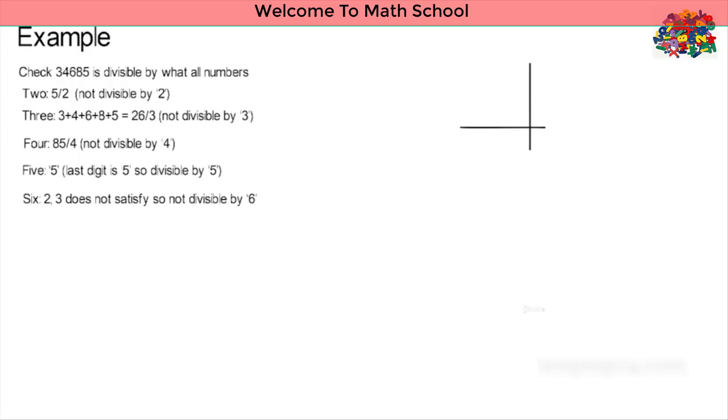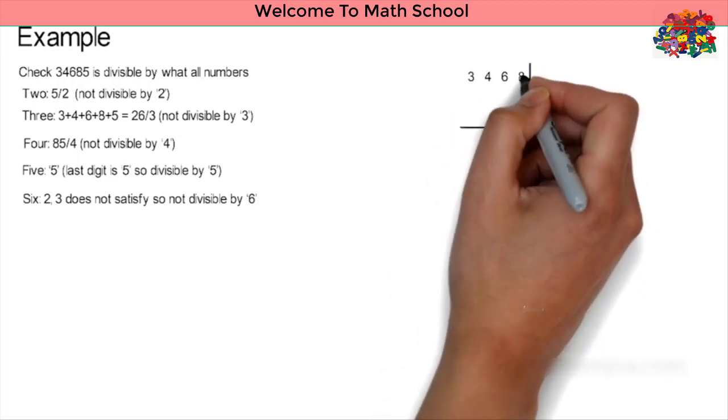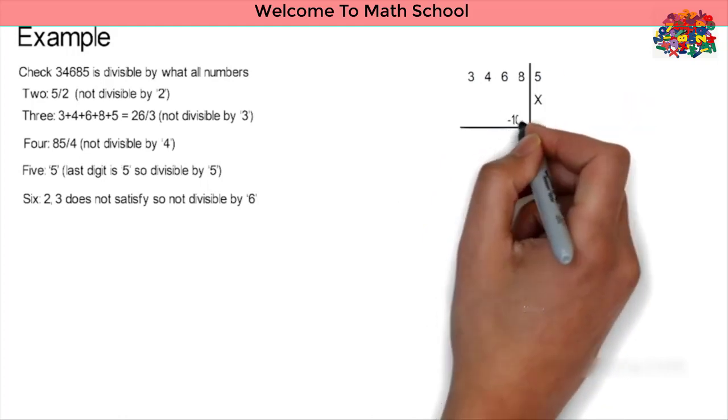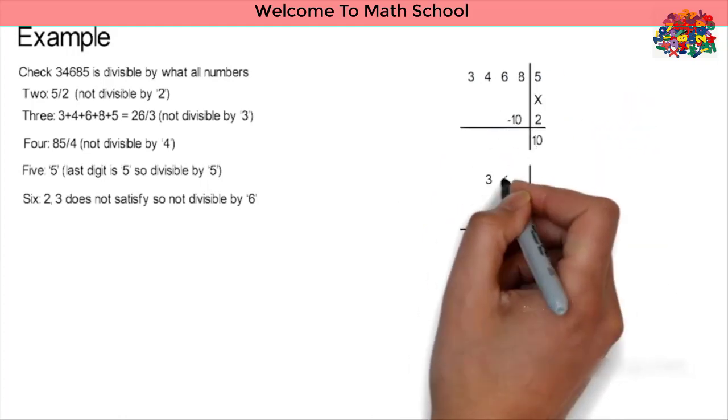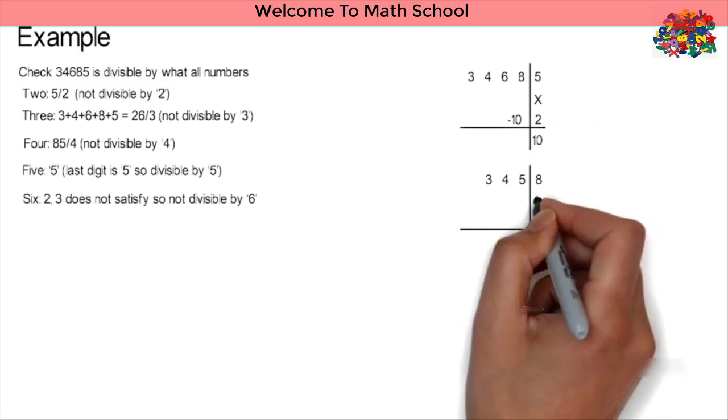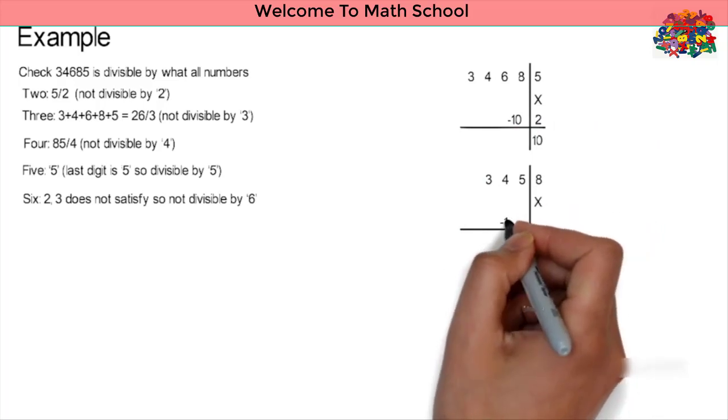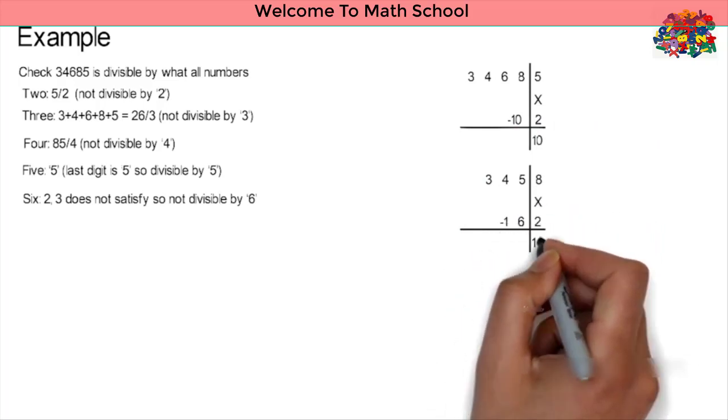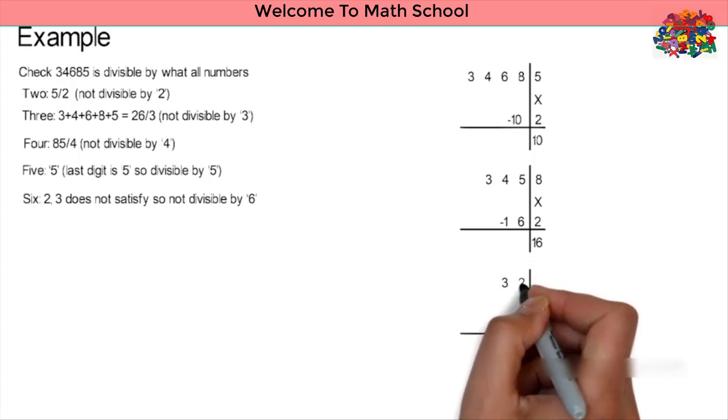Next is the divisibility rule of 7. Double the last digit and subtract it from the remaining number. Among 3, 4, 6, 8, 5, the last digit is 5, so double 5, it will be 10. Subtract it from the previous, so you get 3, 4, 6, 8 minus 10, which is 3, 4, 5, 8. Again double the last digit: 8 times 2 is 16.